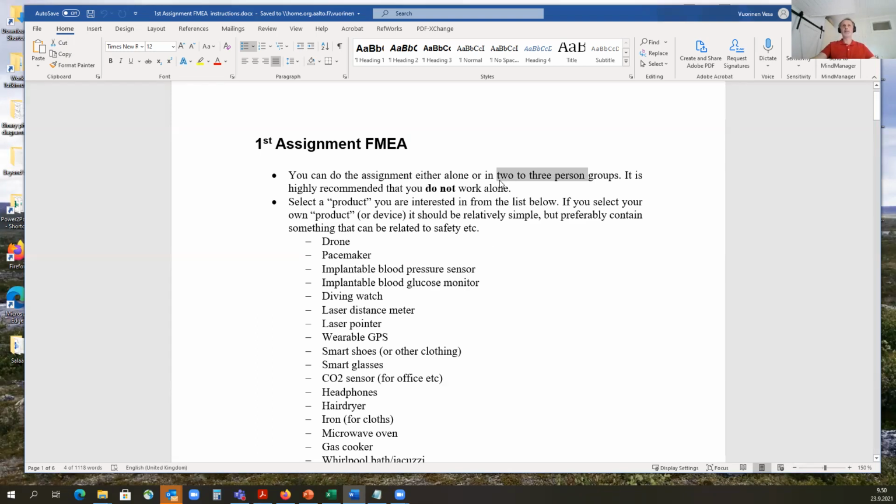First of all, you need to select a product, and this is completely up to you to decide. I would really strongly again recommend that you do the FMEA on some product you already know. It might be something from your hobby. It might be something you are working on currently.